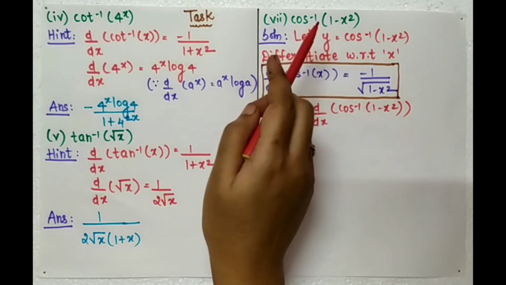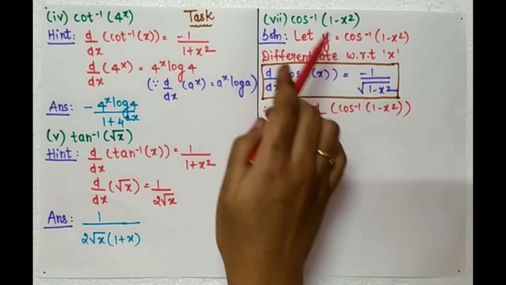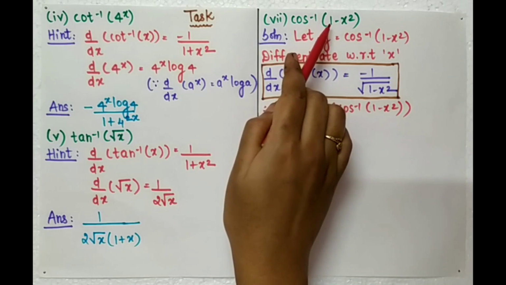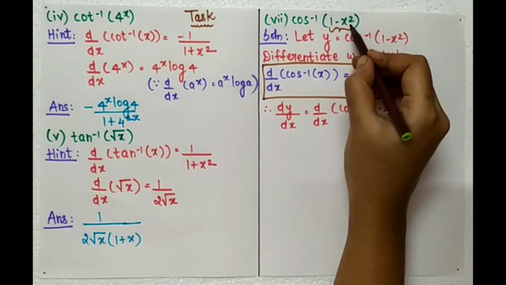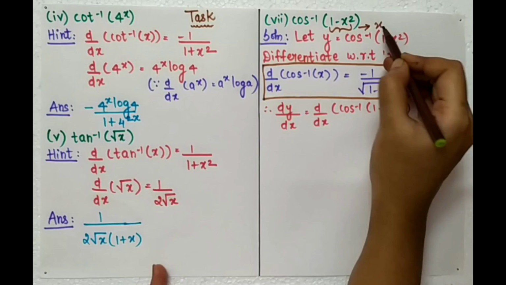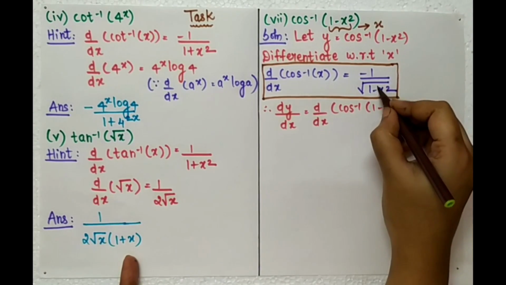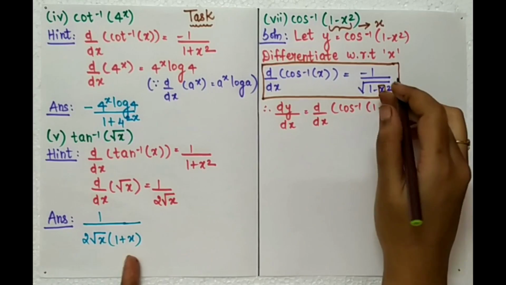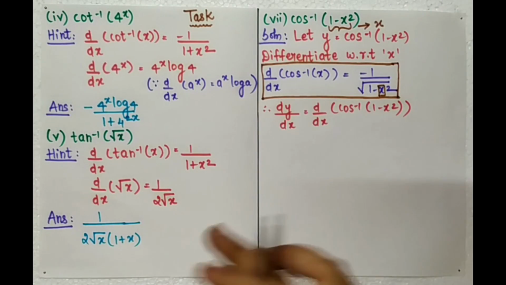See, do not confuse yourself with the formula, that is 1 minus x square over here, and the function of function, that is 1 minus x square given in the function. You just need to substitute in place of x, 1 minus x square. That is, in place of x, just put the 1 minus x square, then you can square it.